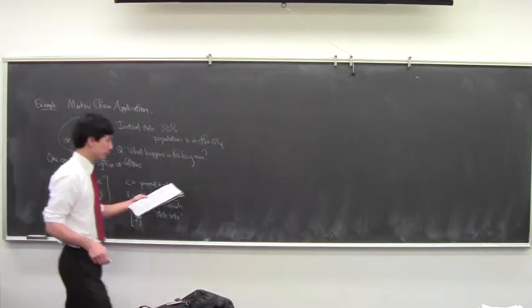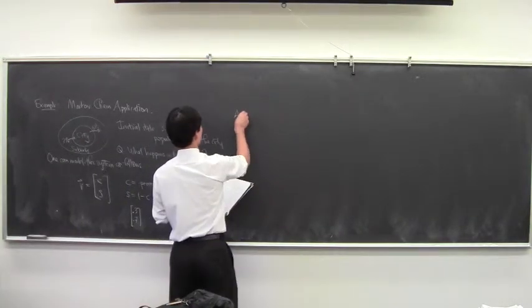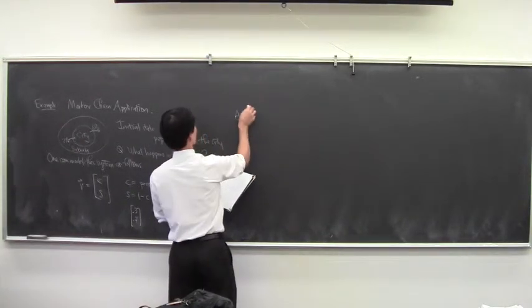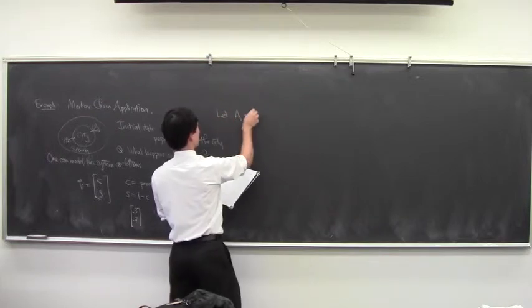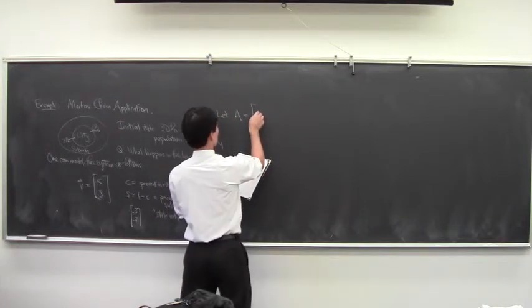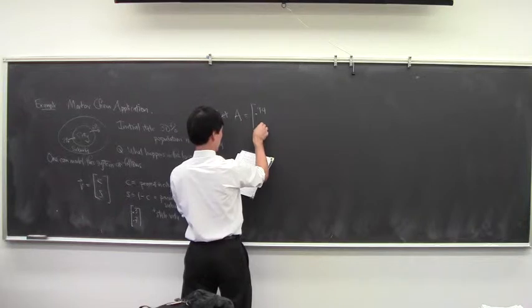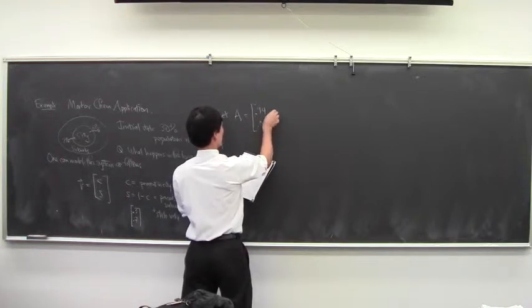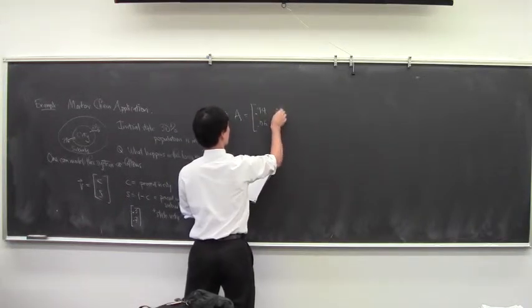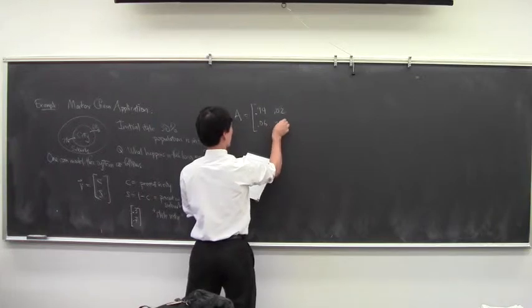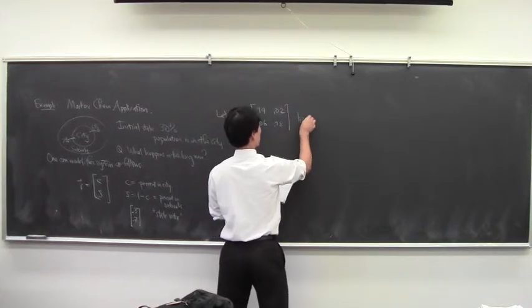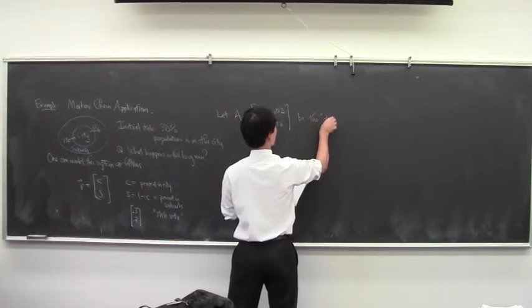Okay. And then you create this thing called the transition matrix: 0.94, 0.06, 0.02, 0.98, the so-called transition matrix.